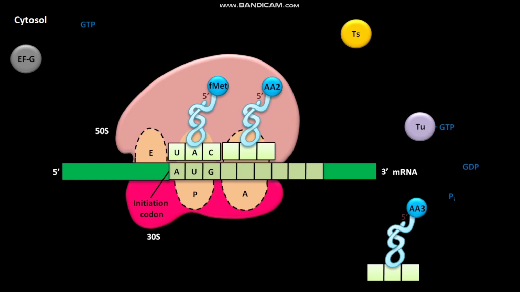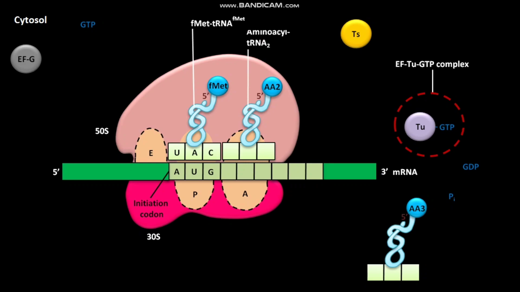As a result, EF-Tu GTP complex is formed. This EF-Tu GTP complex is now available to repeat the cycle. Now, the P site or peptidyl site has fMet tRNA fMet and the A site has amino acid tRNA 2.